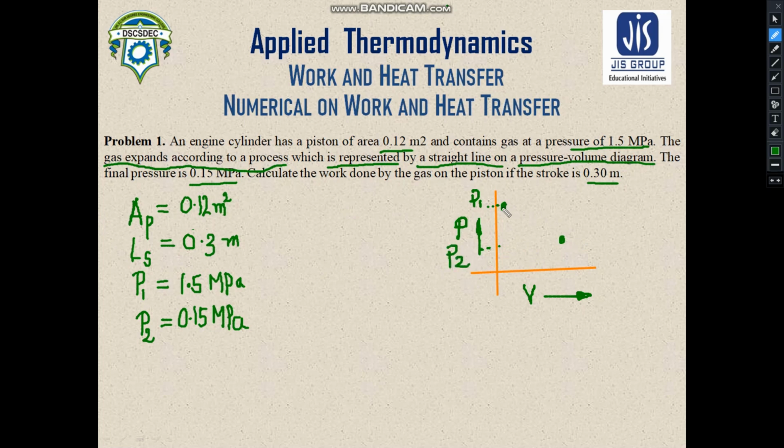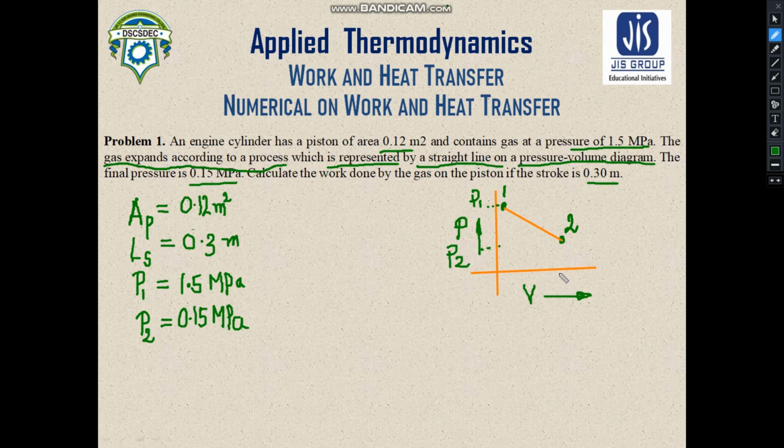Since it is already mentioned in the problem that the expansion process takes place by a straight line, I am joining these two states by a straight line so that it becomes easy to understand. Now you have the information available from the problem, and you need to calculate the work done.